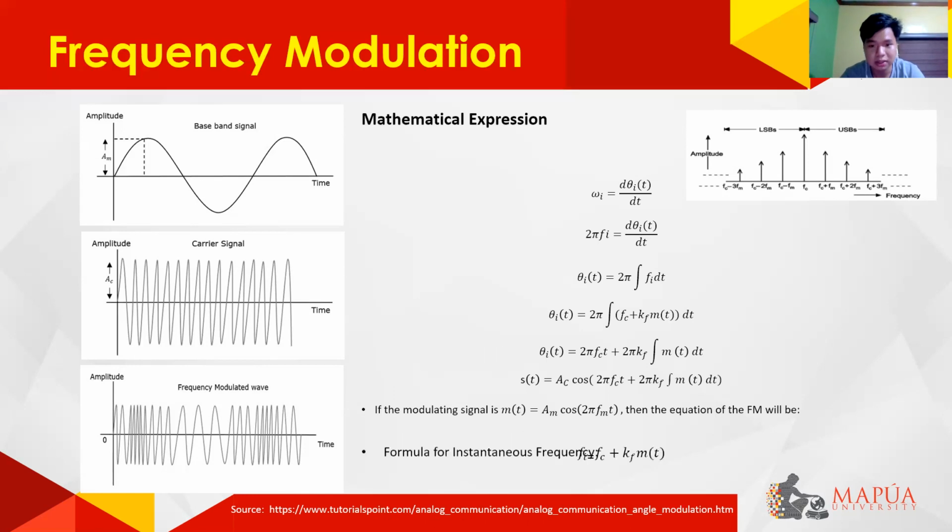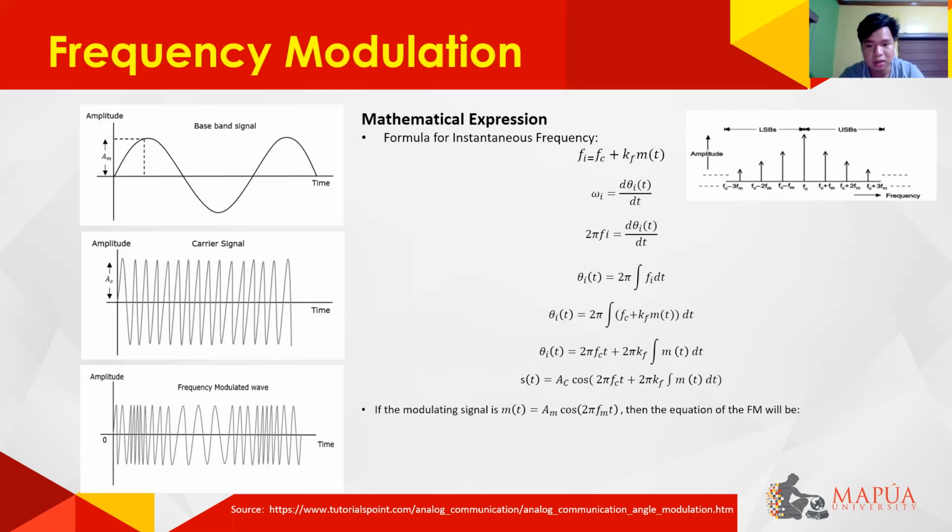Okay. So the formula for the instantaneous frequency is f_i equals f_c plus k_f m(t). We know the relationship between angular frequency omega_i and theta_i(t) as omega_i equals d theta_i(t) over dt. This is a derivative.